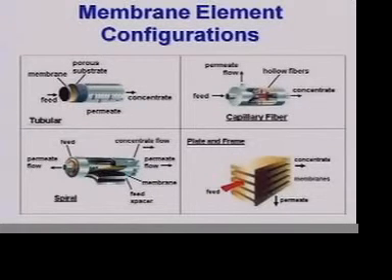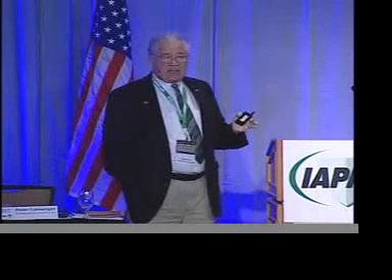Spiral wound membranes were invented in the United States in about 1960. There are 6 manufacturers in the US. 5 of them are basic manufacturers. In other words, they manufacture the membrane, they roll it into the spiral element and sell it as such, and they're based here in the US. There are now getting to be a few more manufacturers overseas in China and South Korea. But still, the basis of the spiral wound industry is the US.